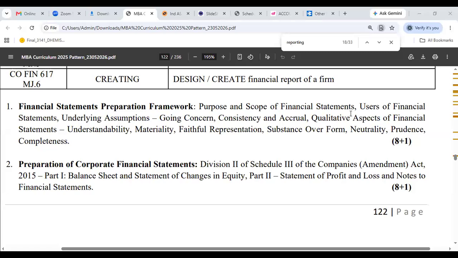Or they can ask you to write a short note or discuss the role of one or two accounting concepts or conventions, or there can be a long question that discusses the role played by accounting concepts and conventions in account writing.